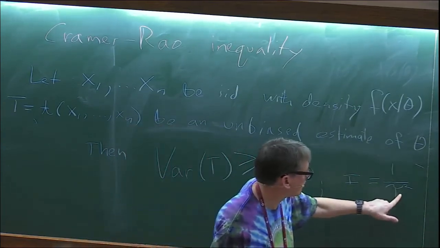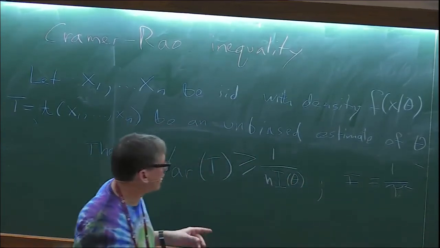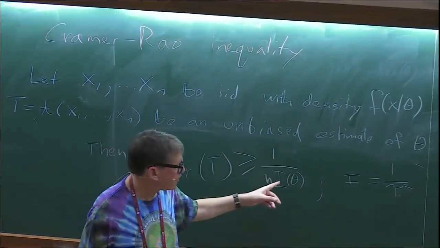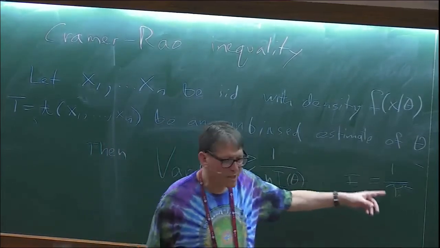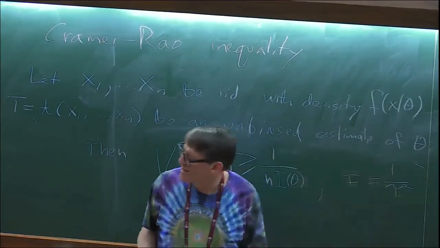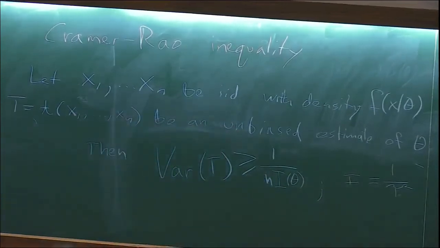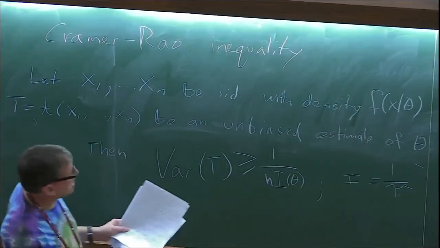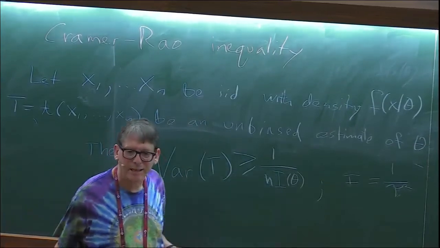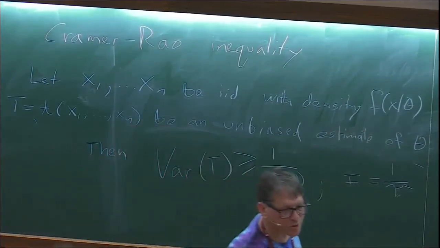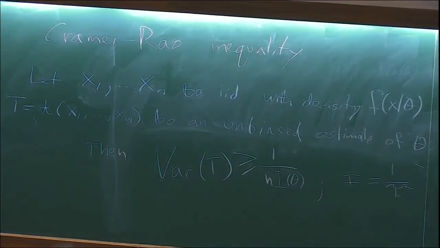Actually, this is 1 over tau squared, where I of theta is actually 1 over tau squared. This is the same tau squared as in Fisher's theorem, and the reason I wrote it as I is that this is sometimes called the Fisher information.